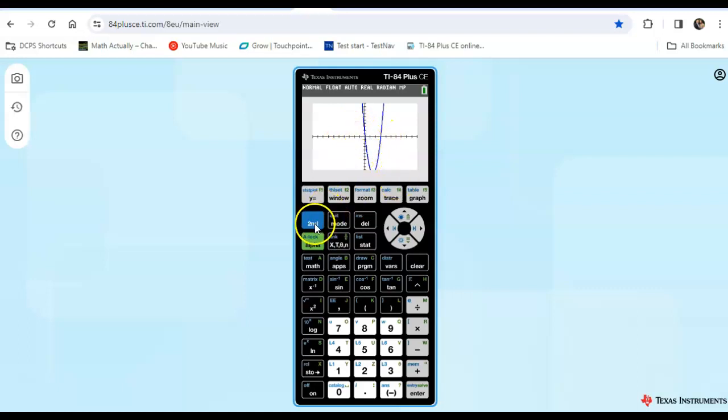There's a couple ways that we can evaluate where the zeros are and where our vertex is. You can press second table, and we can look for anywhere that y is 0. Here y is 0 where x is 0, so we know that it does pass through the origin. And then we also have where y is 0, x is 3. So that's our other x-intercept. You would know that in between that would be 1.5.